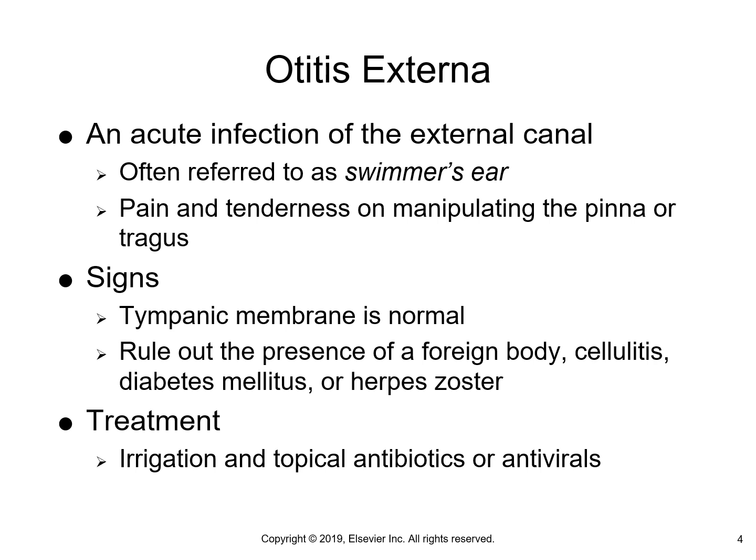So the first condition is your otitis externa, which is an acute infection of the external canal. Like I said, if you look at page 539, you're going to see that little area in there, which is the external auditory canal. That is the one that is actually affected when you have an otitis externa.